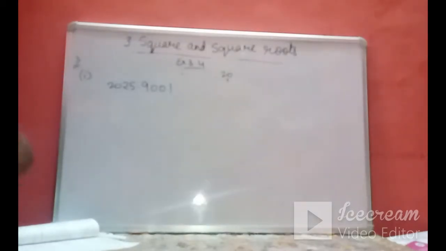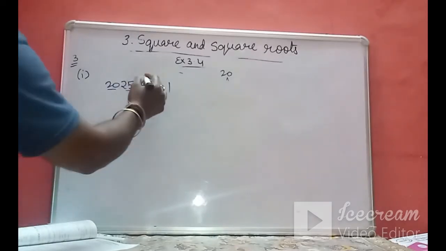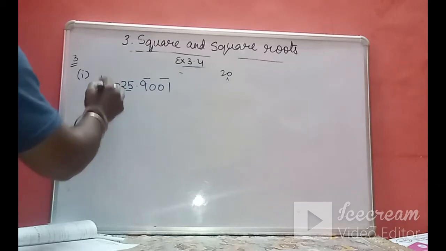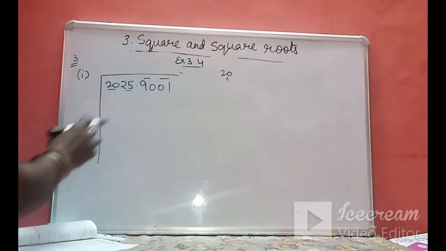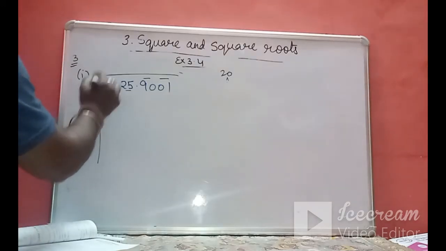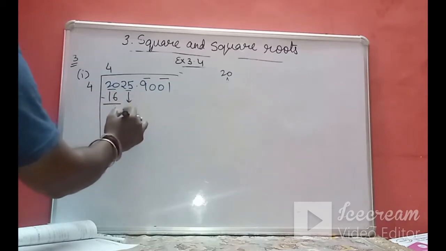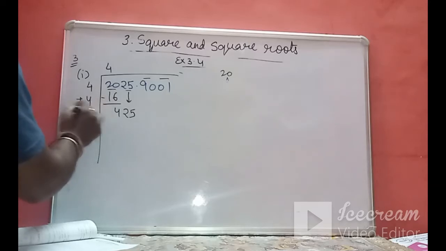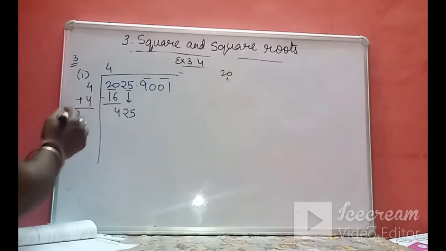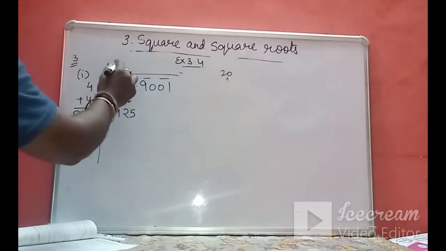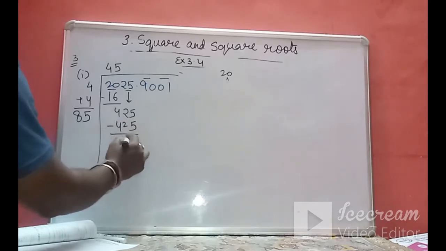Its pairs will start here and from here. The nearest square of this is 4, then this comes down, then 4 and 4 is 8, then I will take 5. So the remainder is coming as 0.